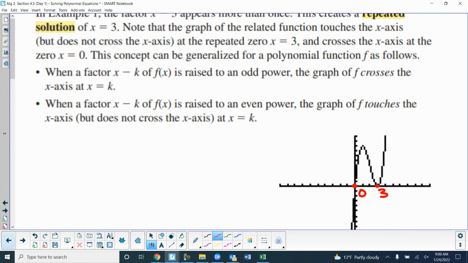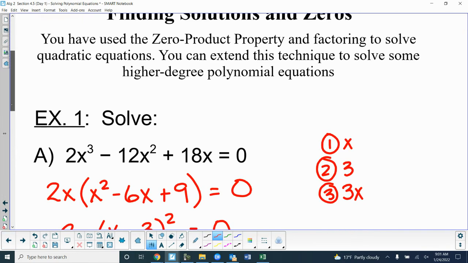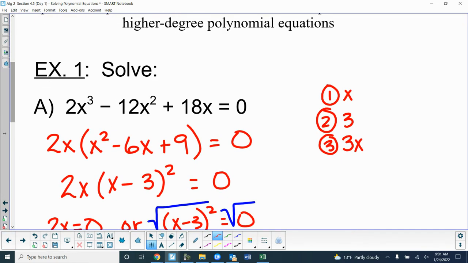If you look at our factored form, what was our exponent? Is that an even or an odd number? Even. 2 is an even number. So if you have to graph, in your mind, you should know that it's going to hit and bounce off at 2, because it was even.